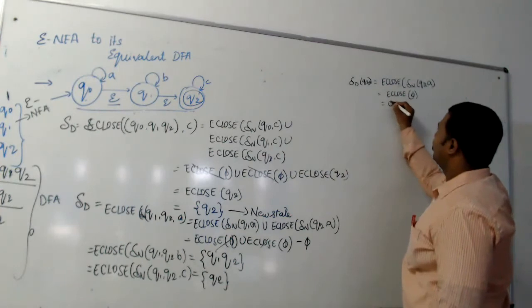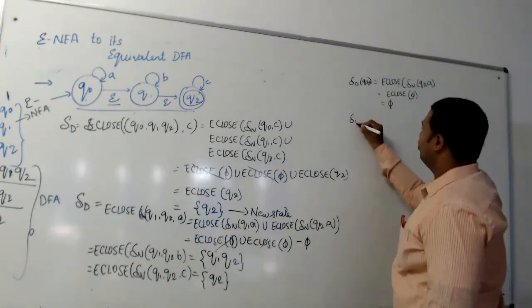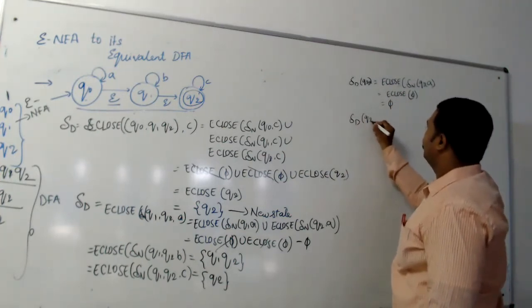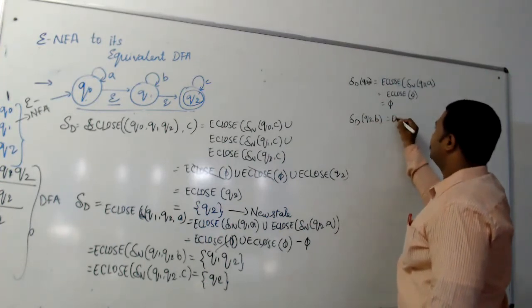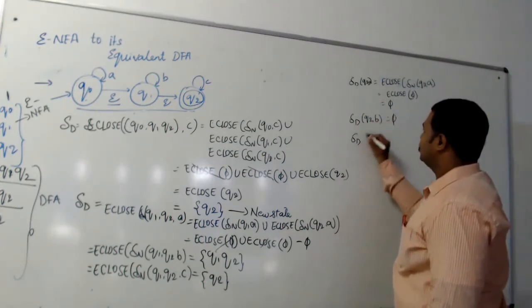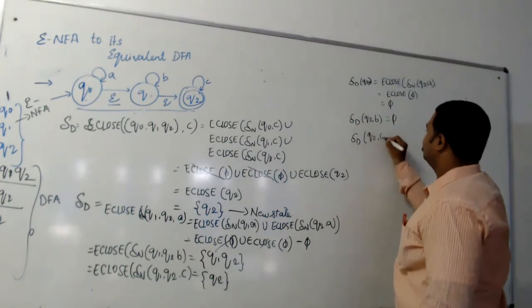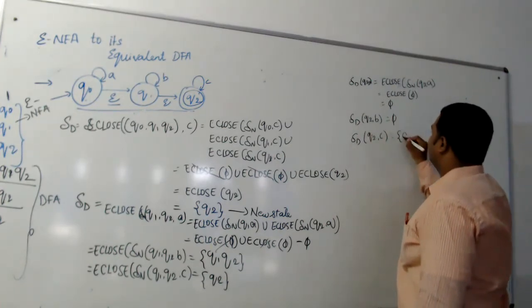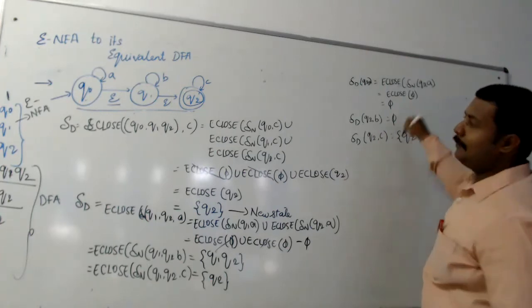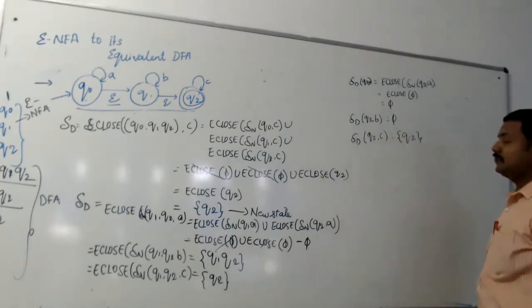So this will be phi. Transition of NFA Q2 on B, again this will result in phi. Transition of Q2 on C will result in Q2. You elaborate these steps here, Q2 itself.